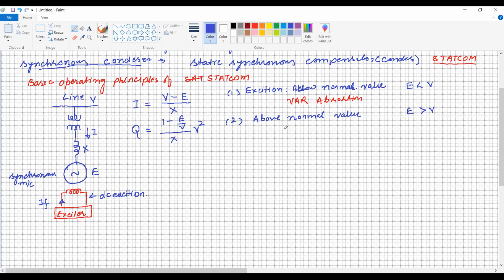Under such a condition, it works on the leading power factor, and it is going to generate reactive power.